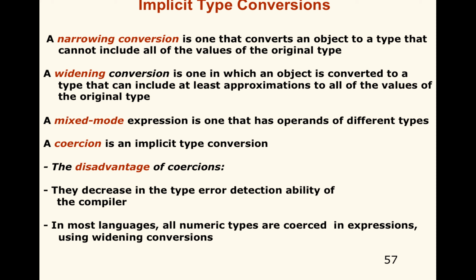So a mixed mode expression is one that has operands of different types. And so you can do a conversion when you do a mixed mode expression if you're going to support it. And this is what Python does. So let's say, for example, I have the number 12.19, and let's say the other operand that I'm going to use in this mixed mode expression is the number 5.